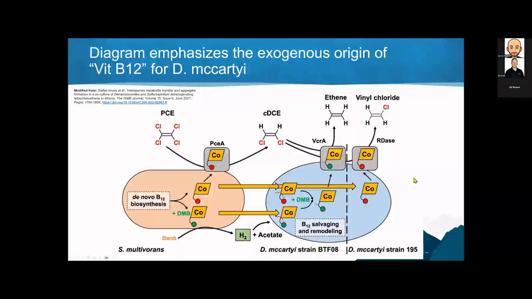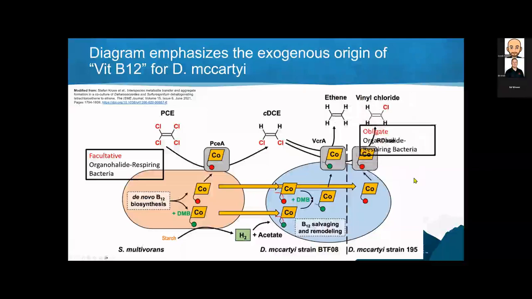The real core point is that if you can get these two working together, you now have the B12 that you need for the obligatory dehalogenator. It also helps represent that with starch, some microbes can actually produce the hydrogen you need. So these are our facultative, halogenating, respiring bacteria, and obligatory.